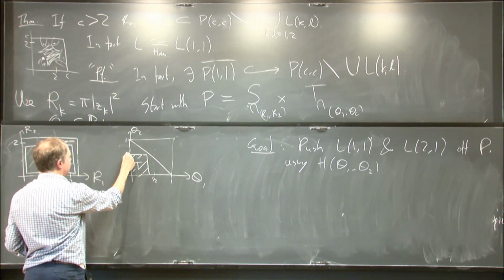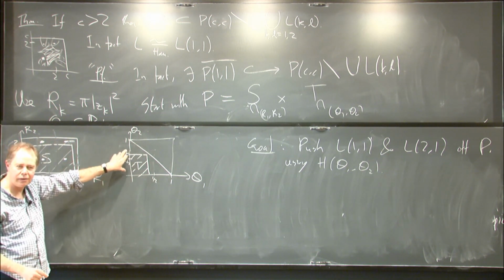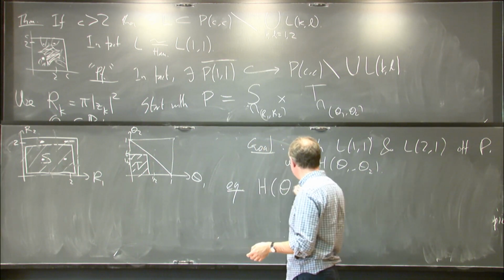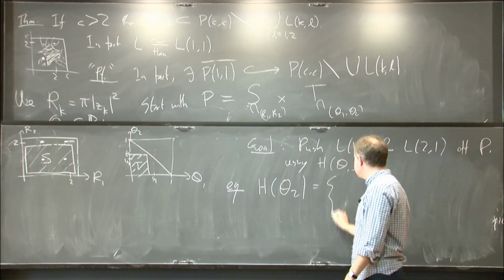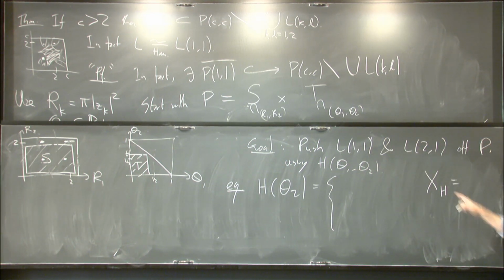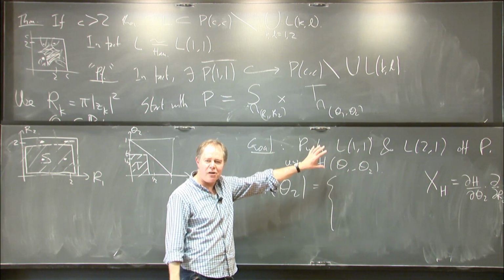But if you didn't know that, let's call this number T, the height on the vertical. For instance, you could try to define some Hamiltonian which depends on theta 2. We have to work out Hamiltonian flows. Since it depends on theta 2, the Hamiltonian flow is dH/dθ2 times d/dr2. That's my convention for sign.